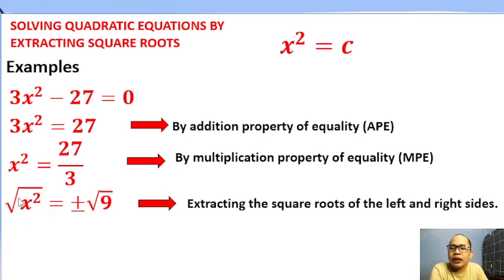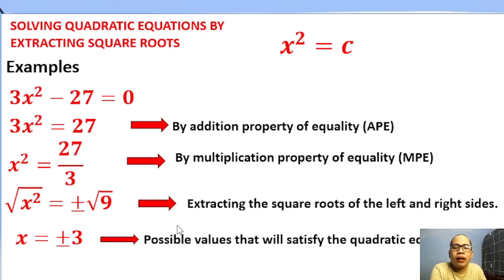So, we have the square root of x squared is equal to 9. How did this become 9? 27 divided by 3 is equal to 9. So, we have the value of x, which is equal to positive or negative 3. The square root of 9 is 3. This square root and square can be cancelled. So, we have the possible values of our quadratic equation.